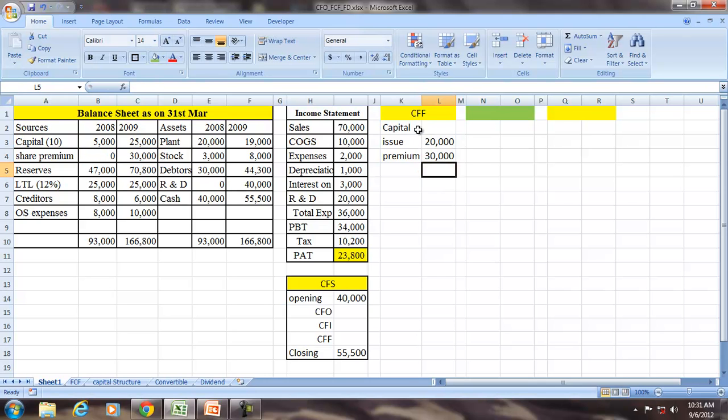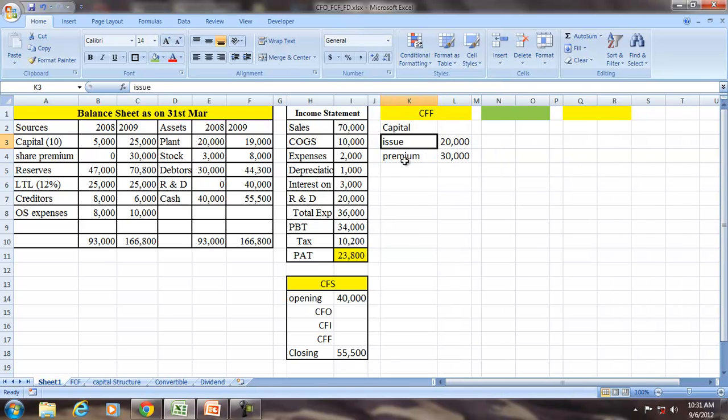So there is a receipt of money due to the issue of shares at a premium of 30,000. You can see the long-term loans, there is no change in the long-term loan, so neither issue nor repayment. So the receipts due to the financing decision is 50,000.